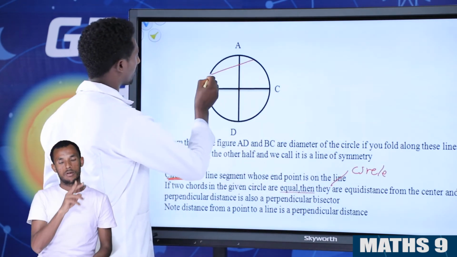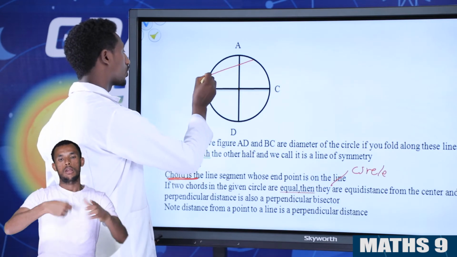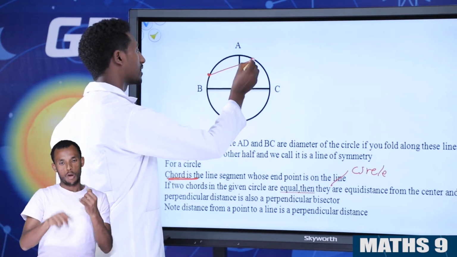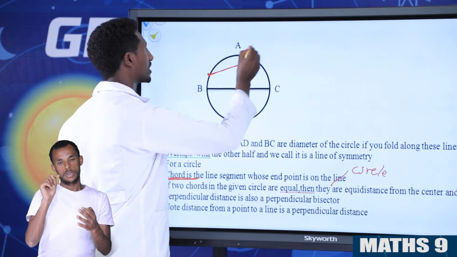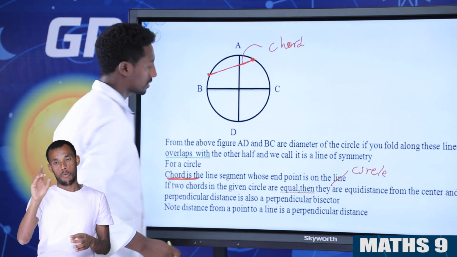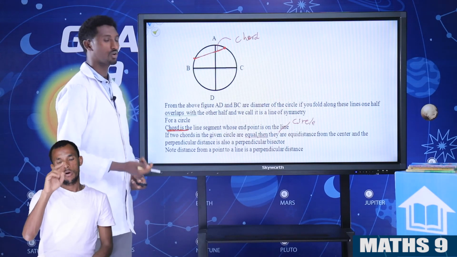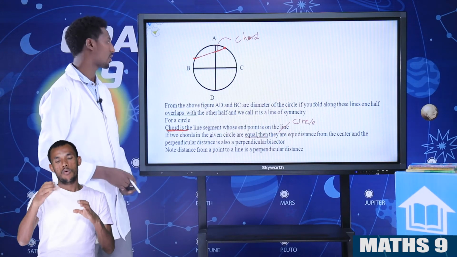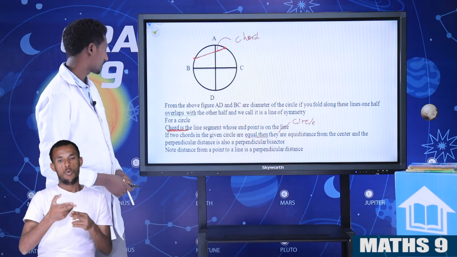Let's take, for example, this line segment. The two end points are on the circle, so this line segment is called a chord. And the largest chord of a circle is called a diameter.